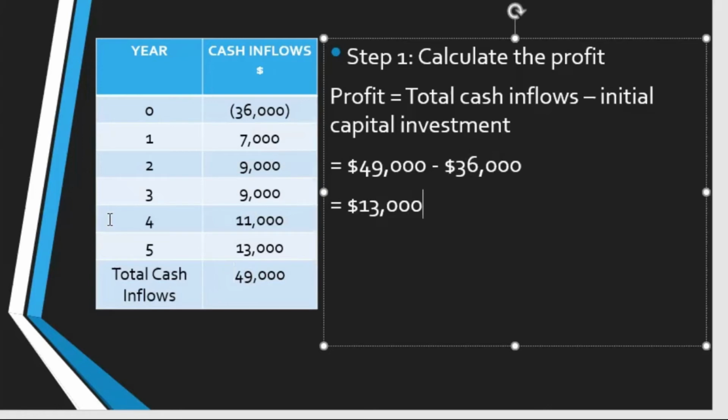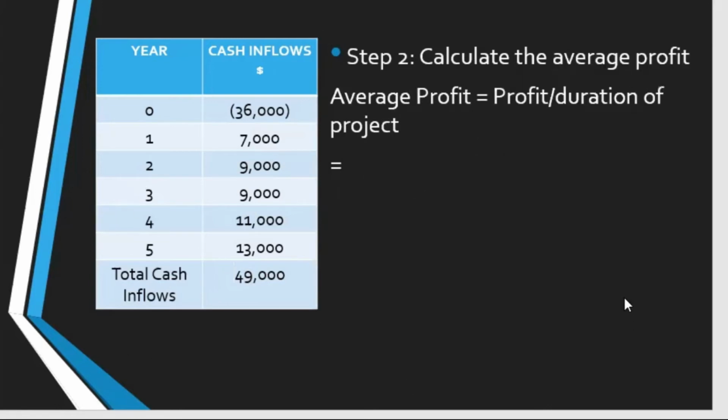Then there's a second step that you must follow, and that is to calculate the average profit. To get the average profit, the formula is the profit divided by the duration of the project.